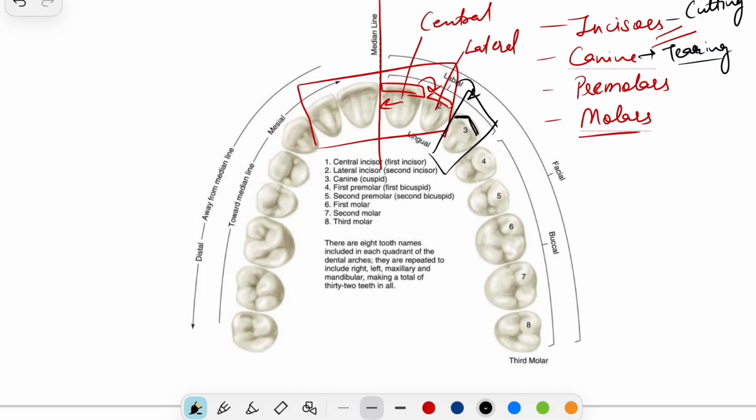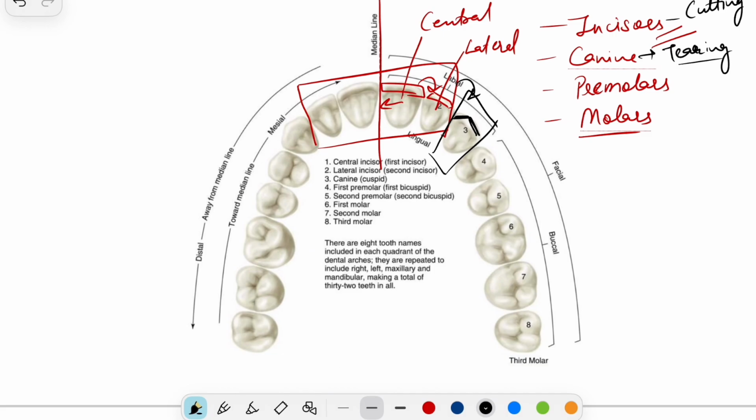during the jaw movement. Okay, so canines have a single cusp, and so they are also known as cuspids. Okay, they have the longest root in the oral cavity and are the strongest teeth for guidance during the jaw movements.